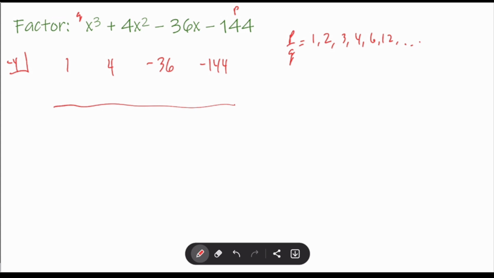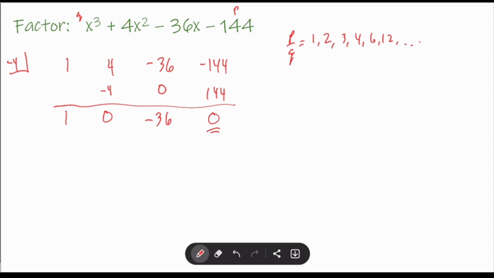So we have 1 for the first one, so -4 times 1 is -4, 4 and -4 is 0, 0 times -4 is 0, -36 and 0 is -36, then -4 times -36 is +144, which gives you a remainder of 0.